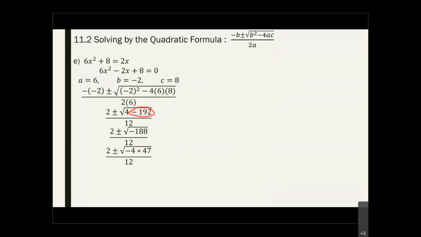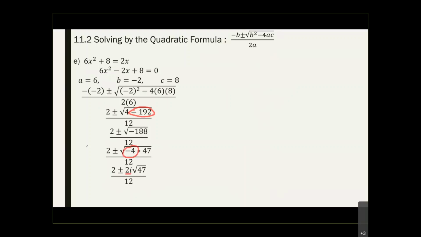4 times 47, what is unique about 4? Because 4 is a perfect square. 47 will stay on the inside, which is, again, this is what we have. We need to extract out a, because it's a -4, we have to extract out a negative or an i, right? This is what I have: I have 2 plus or minus, because of this 4 right here. Because this 4 is a perfect square, I take out a 2i, right?